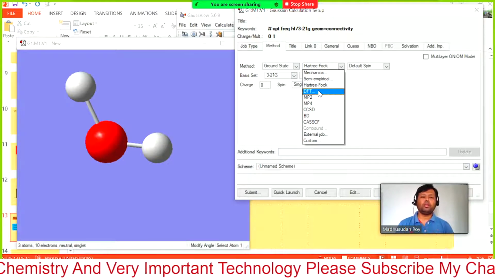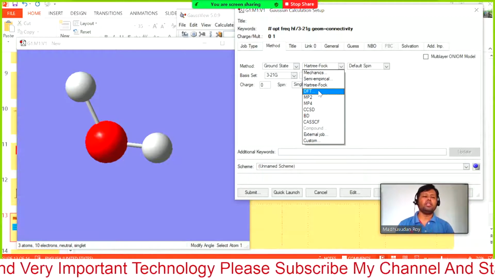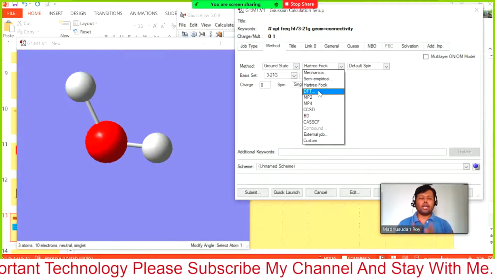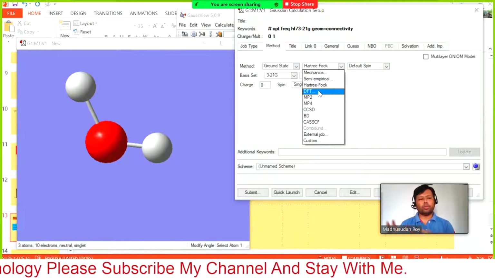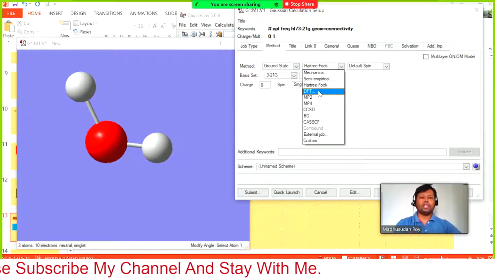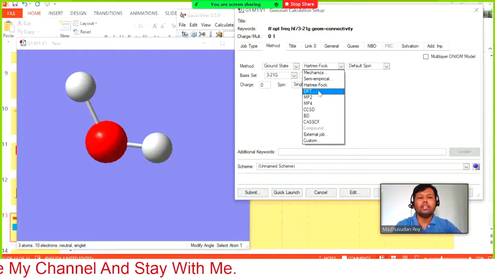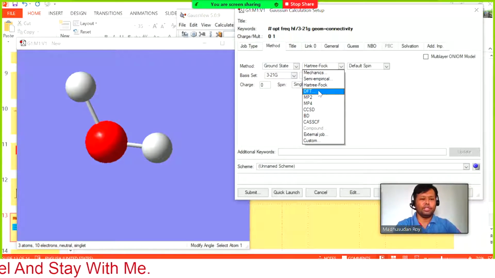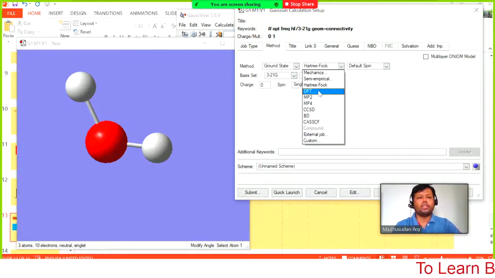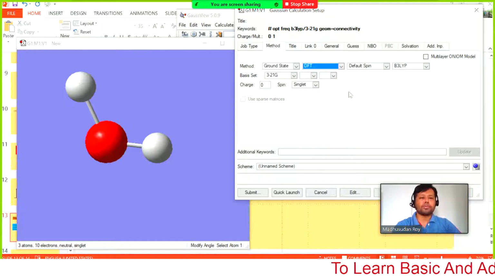So we want some compromise, so that both the timing and the result are acceptable. So let us choose DFT, density functional theory. This is one of the very widely used methods, and it is quite accurate. So let us consider this one.